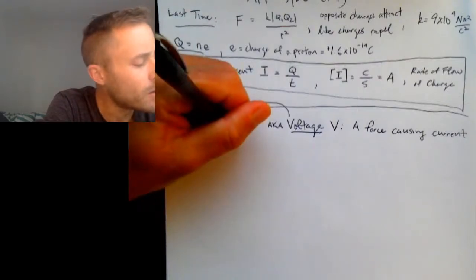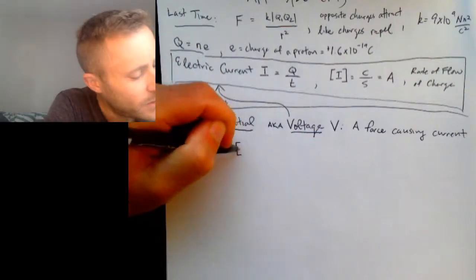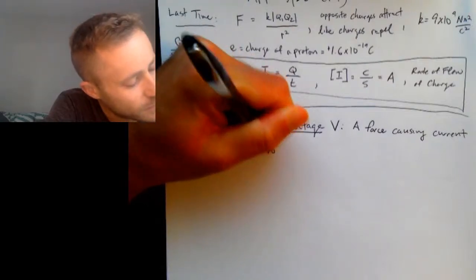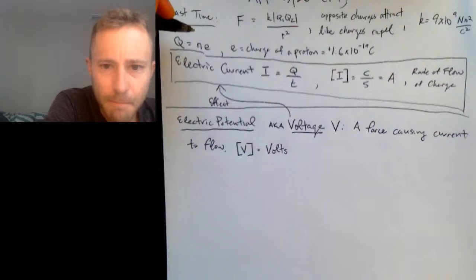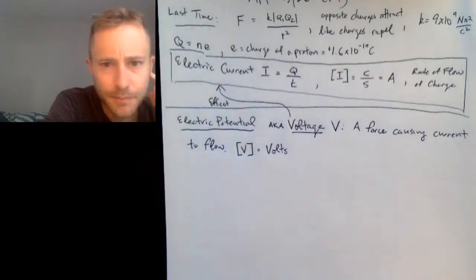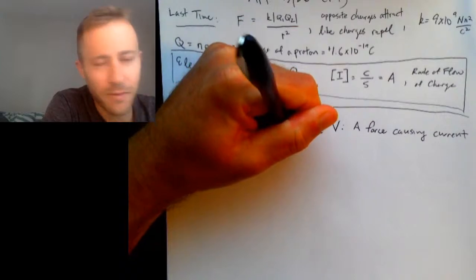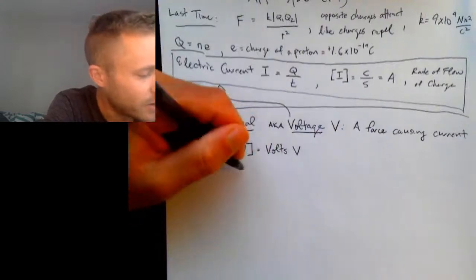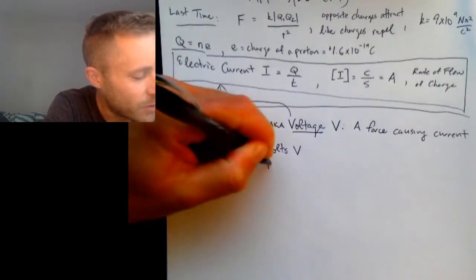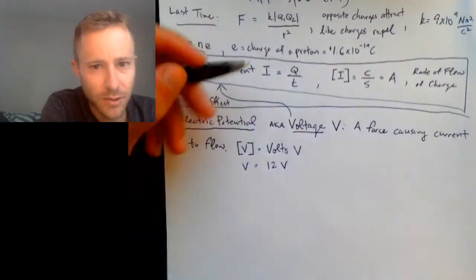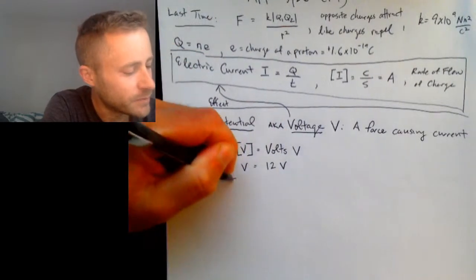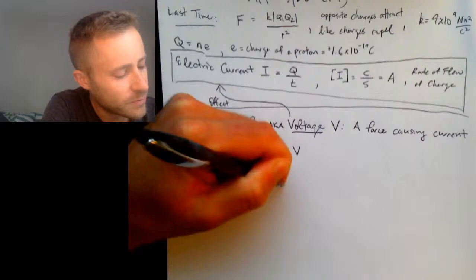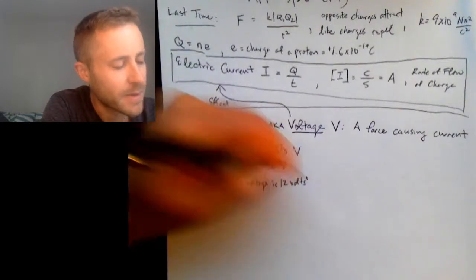The units of voltage are called volts, and volts are abbreviated by V. So you can have kind of confusing expressions, like V equals 12 V. What that means is that the voltage is 12 volts.